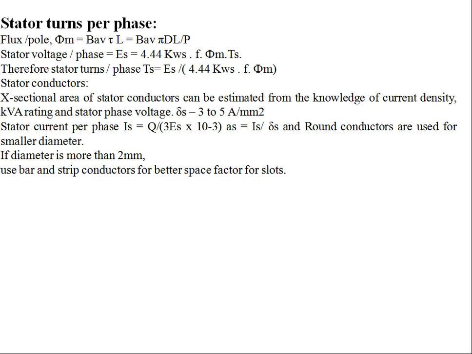Round conductors are used for smaller diameter. For high currents, we use bar or strip conductors.